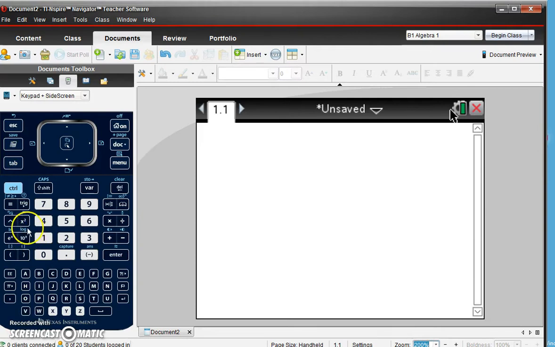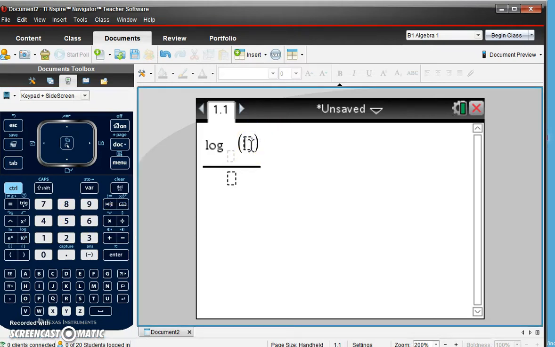Now you can see the log right here on this left side. This one's base 10, so that's the one we're going to use. It doesn't really matter which one I use. We're going to do the fraction first. Let's do control and make a fraction. Then in the numerator, we want the log of 5. So I'm going to hit control, and here's log. It gives me an option of doing a base. It doesn't really matter what we do, so let's see if it'll do it anyway.